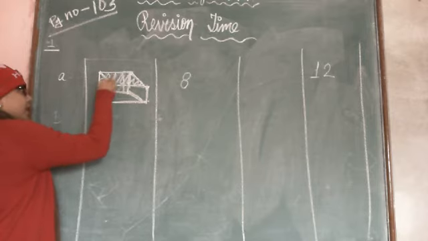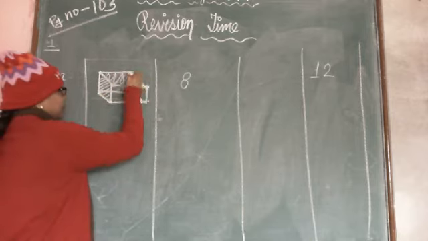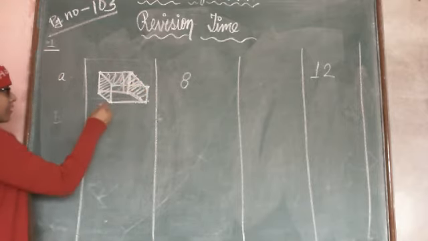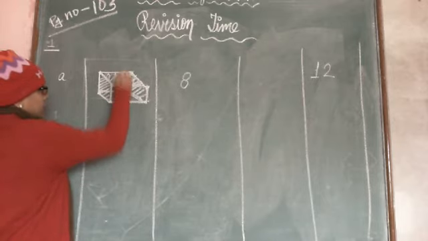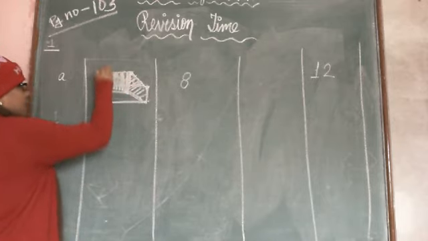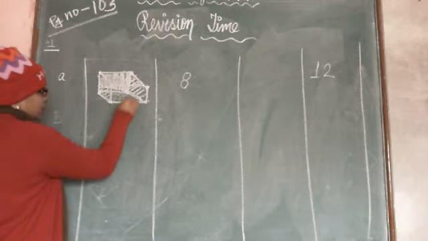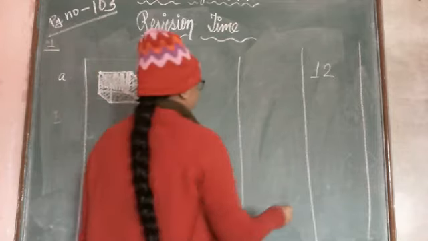This one 3. This one 4. The back side one. So 5. And the bottom one 6. So how many faces are there? There are 6 faces.